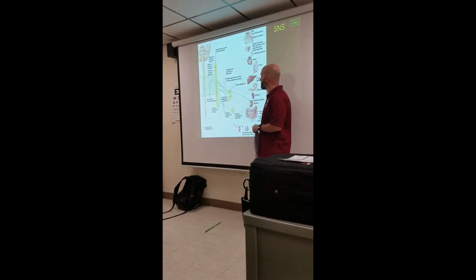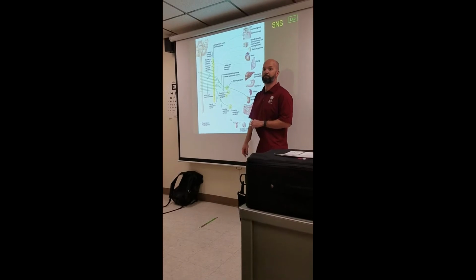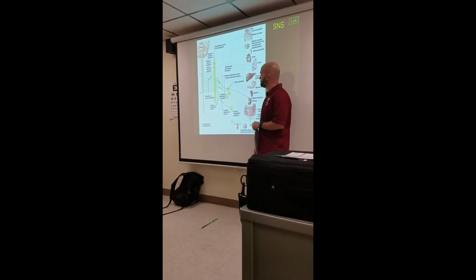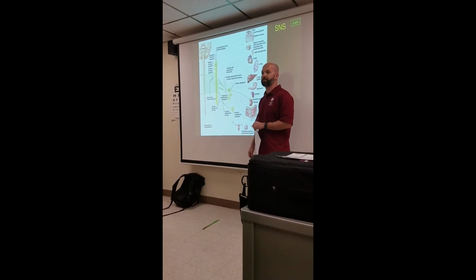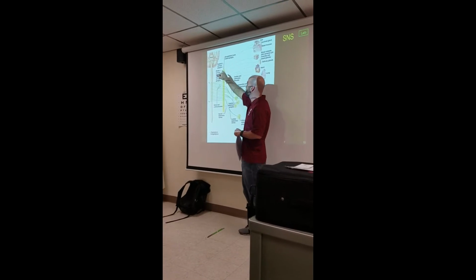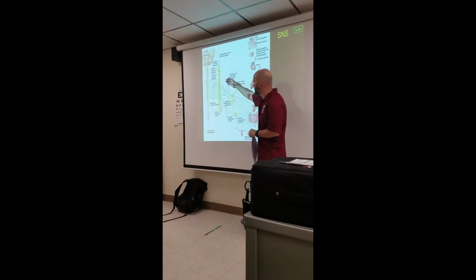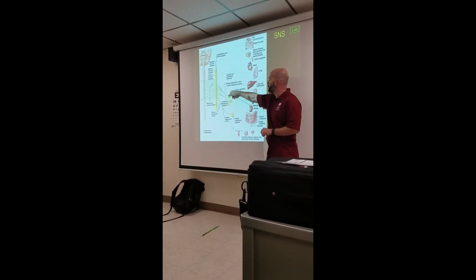Or collateral ganglia. Cell bodies of postganglionic sympathetic neurons are either in the sympathetic trunk or chain, or you go through it and past it onto collateral ganglia.